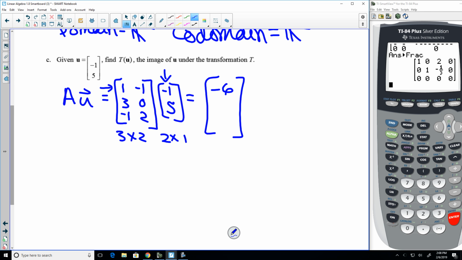Okay, what about the second entry? Negative 3 plus 0, since 0 times 5 is 0. So it'd be negative 3. And this is positive 1 and 10, so it's 11. So there's the image. So this is T of u.